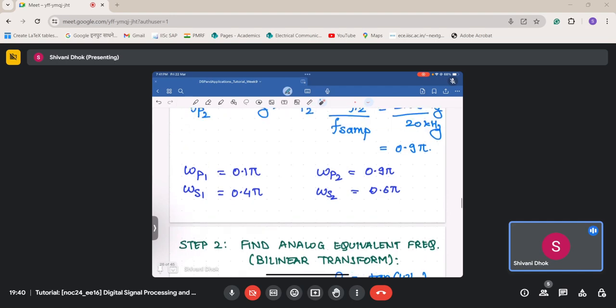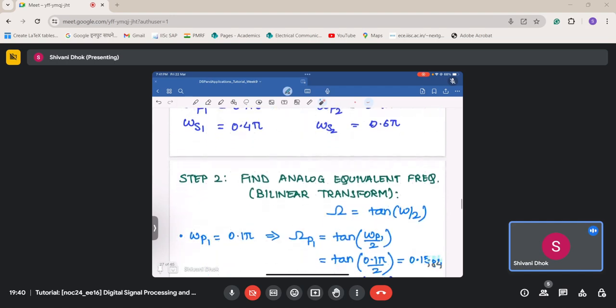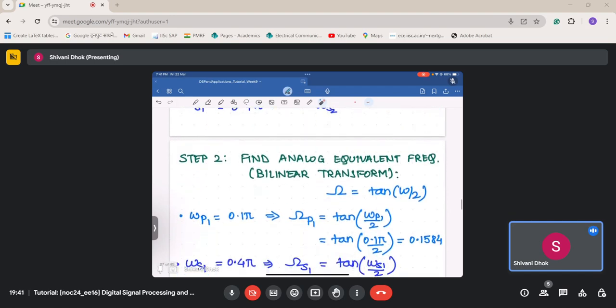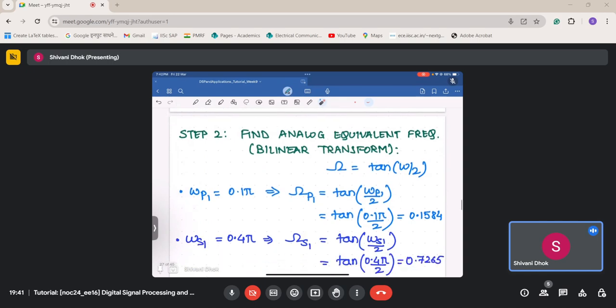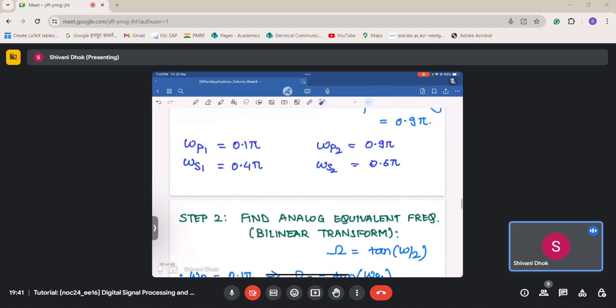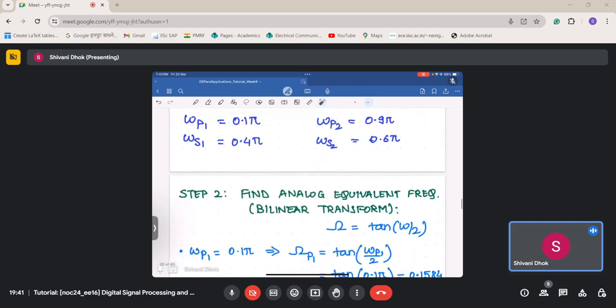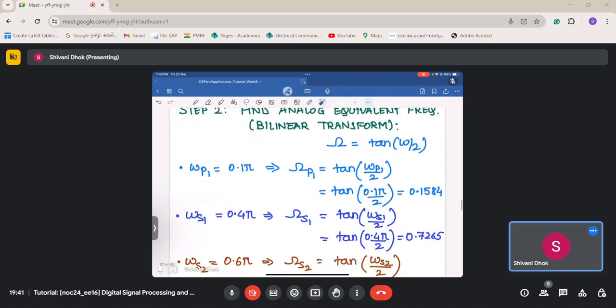Now once we have this, we need to pre-warp them using the bilinear transform to get the equivalent analog frequencies, and that is done using the bilinear transformation, which is capital omega equal to tan of small omega by 2. So again we had these four values. For omega p1, it will give me capital omega p1 using this formula, tan of omega p1 by 2.